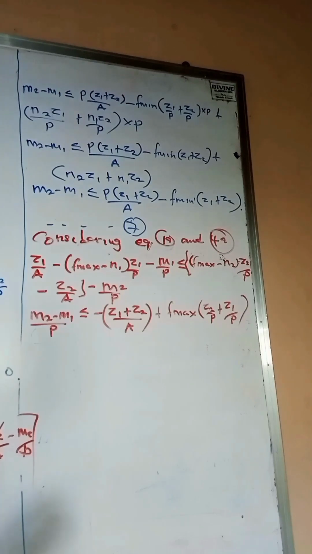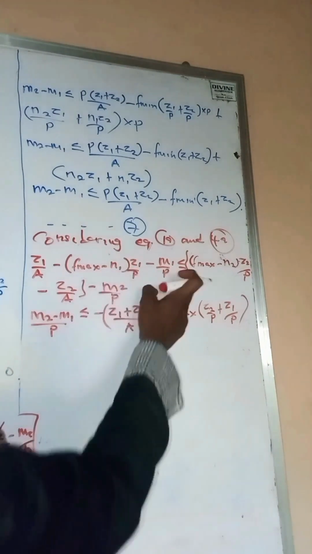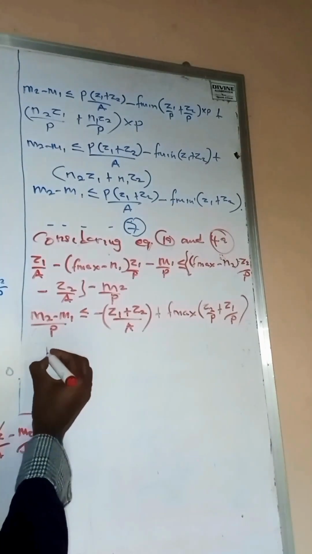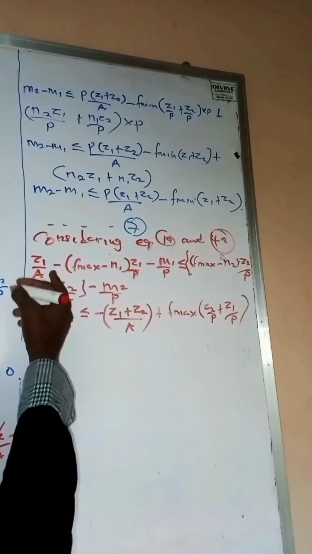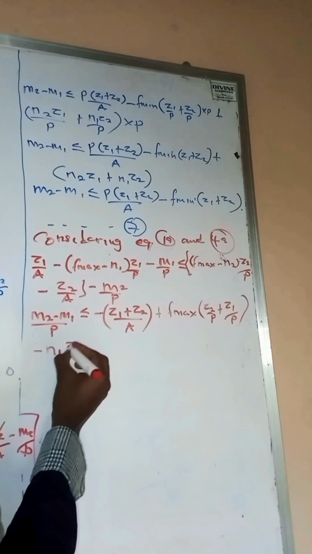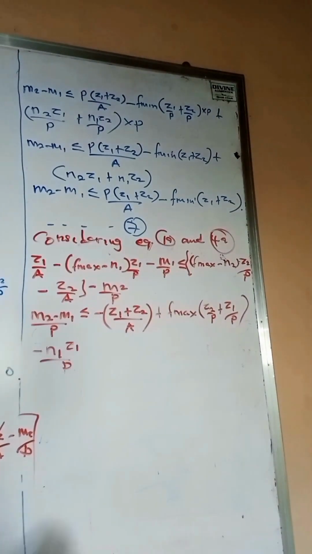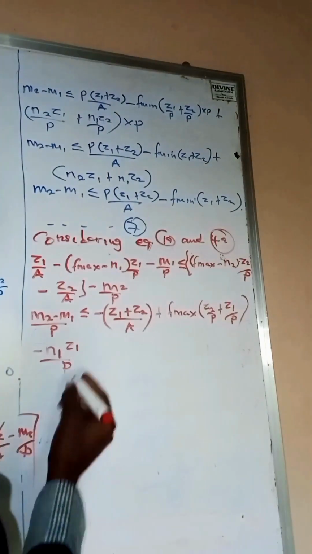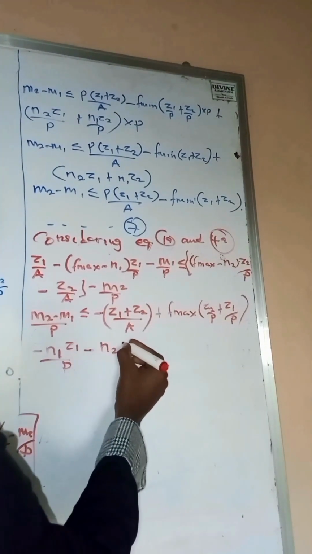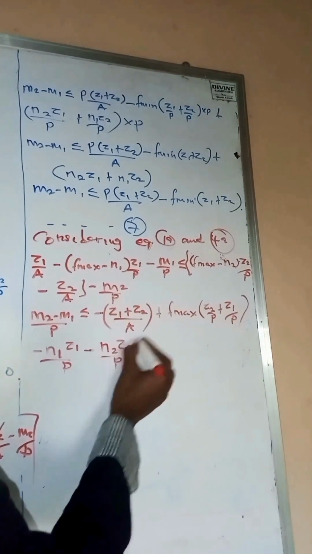Now let's take in terms of the axial stress, axial stresses n1 and n2. For n1, if we take it this way, the negative becomes positive, so it becomes negative n1 z1 over p on this side, and we'll also have negative n2 z2 over p.